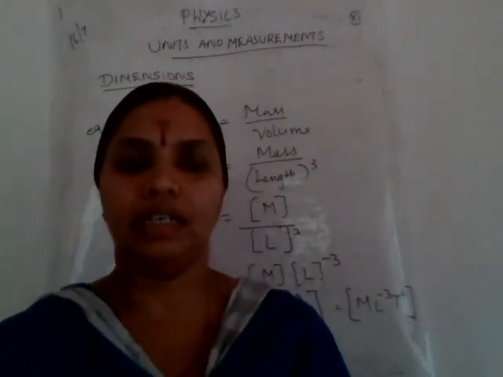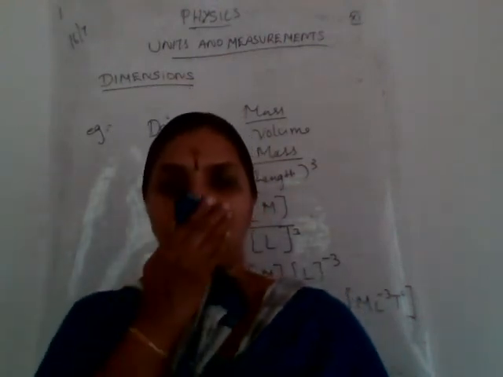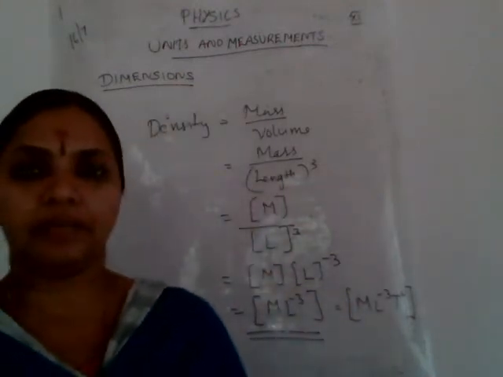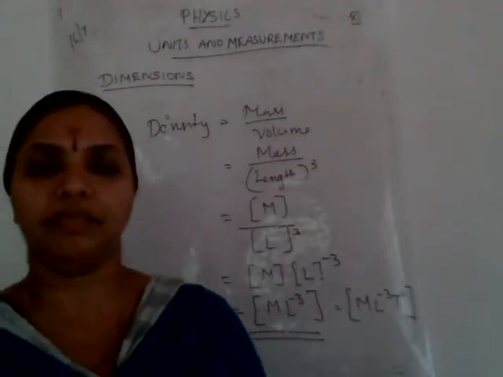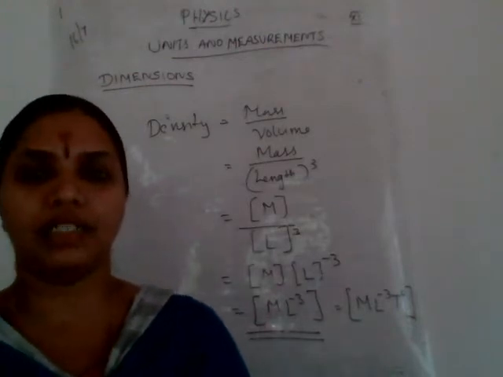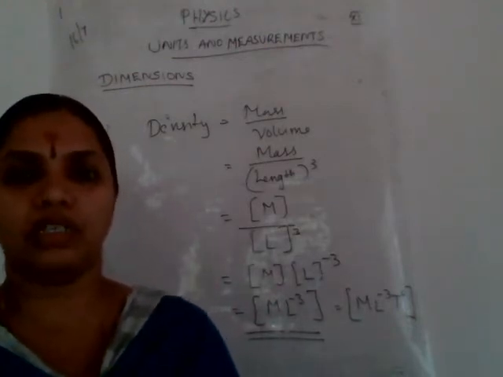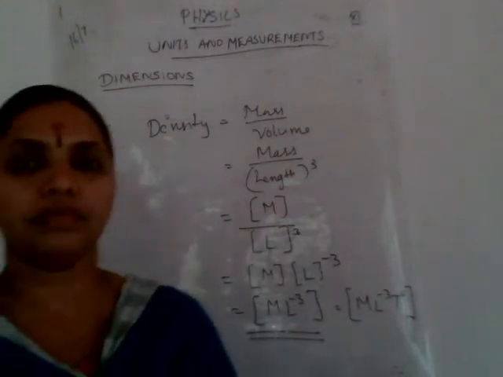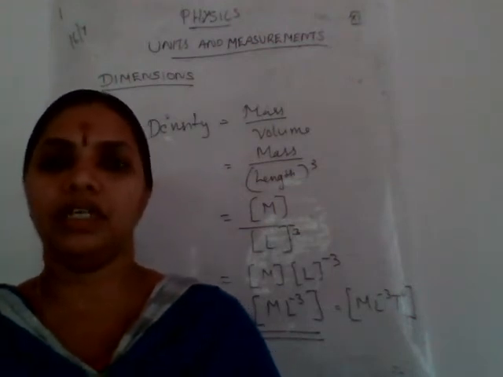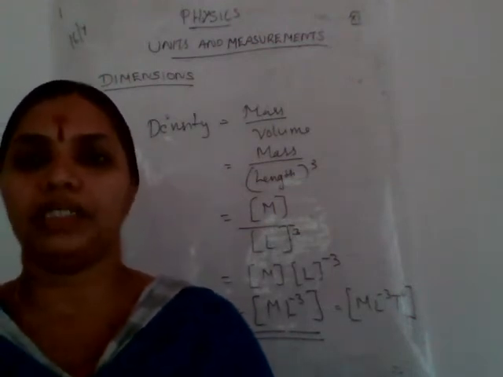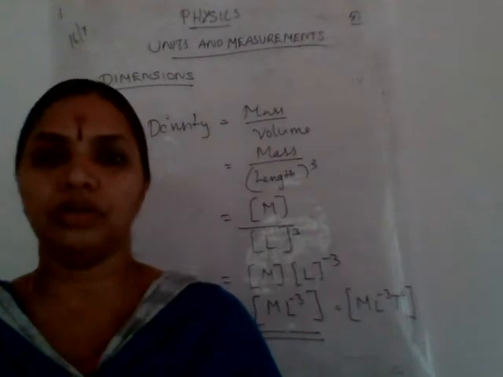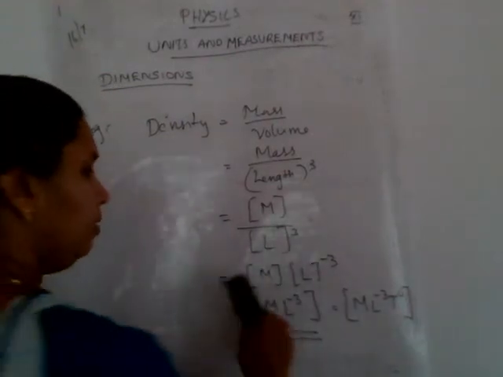Derive the dimensional equation for velocity, acceleration, force, work done, momentum. So work done and momentum also I'll explain. How will you find out?